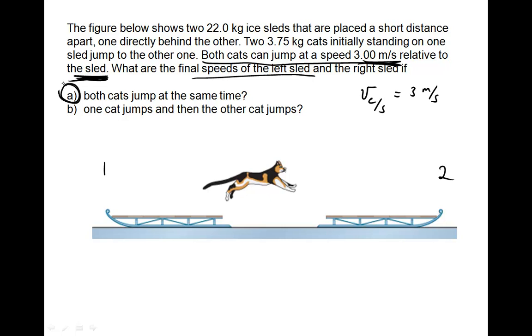Let's do part A first. Both cats jump at the same time. If both cats jump at the same time, the cats are at rest in the beginning, so the momentum of the system in the beginning is equal to 0. The two cats have a combined mass, so the mass of the cats is equal to 2 times 3.75 kilograms, which is 7.5 kilograms.